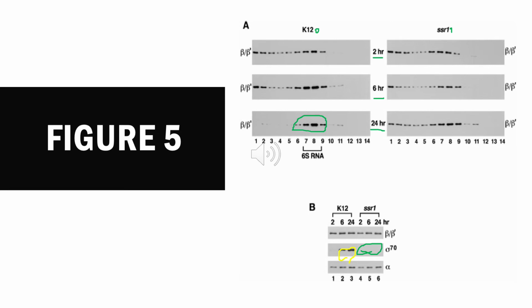But in the wild type, which is the yellow circle, we see that dark banding again, that huge increase in the stationary phase compared to the exponential growth that we would normally expect under other circumstances. So these results hone in on the idea that the interaction between sigma 70 and RNA polymerase is only present during high levels of 6S RNA in the stationary phase.